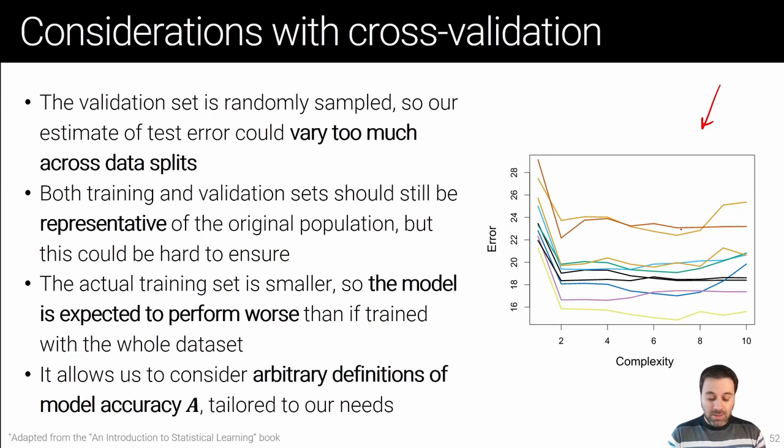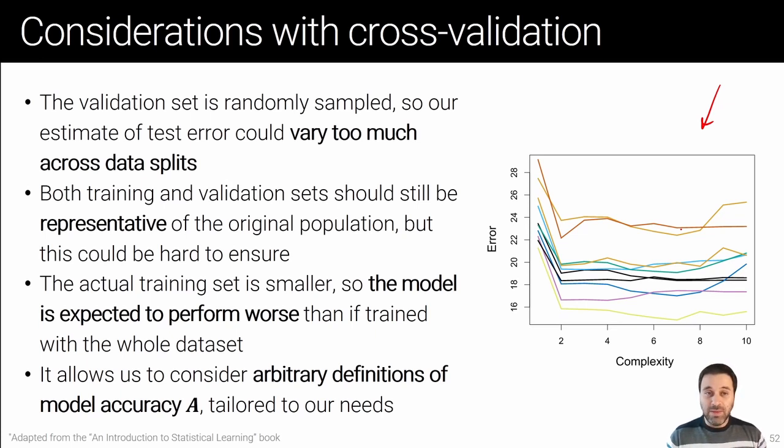If we know that according to a categorical variable, we have different groups of data, and maybe some of those groups of data are highly underrepresented in the training set, then we have to ensure through stratified random sampling that those groups are still going to be equally represented in the training set and the validation set. So we have to think carefully about how we split the data.